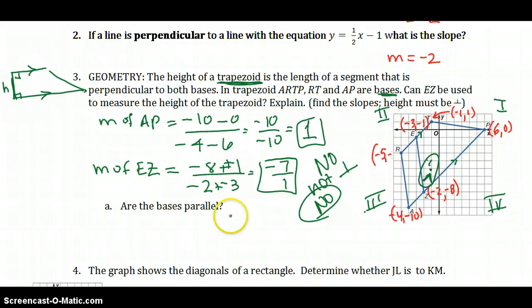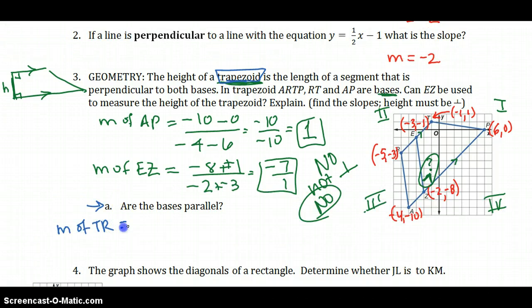Are the bases parallel? Well, you're going to learn in geometry that if I tell you it's a trapezoid, then by definition you're going to know that the bases are parallel. But what I want you to do here is to check our math. Don't take my word for it, but see if they have the same slope. Just to show you that it'll work, we're going to use our points for TR to find the slope of TR or RT.